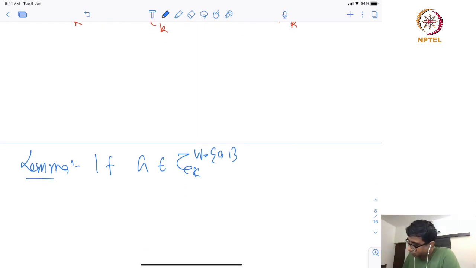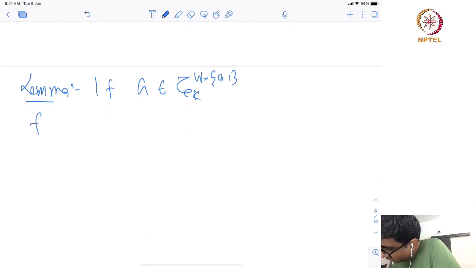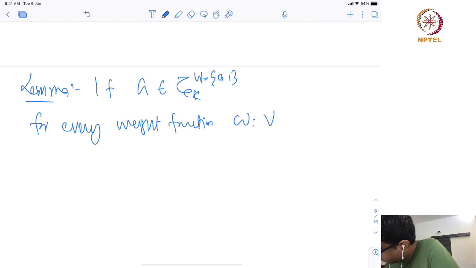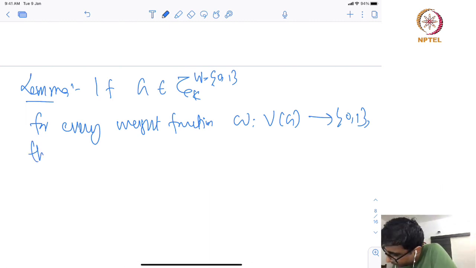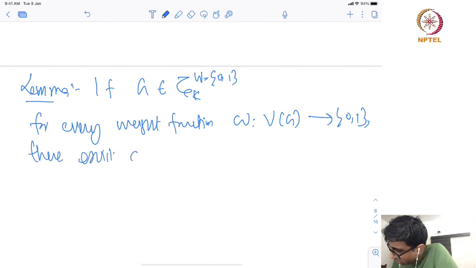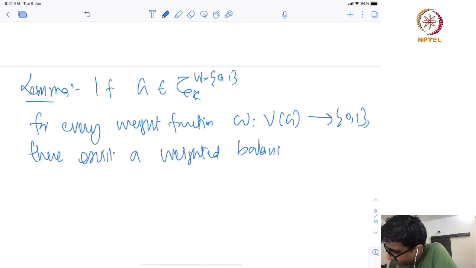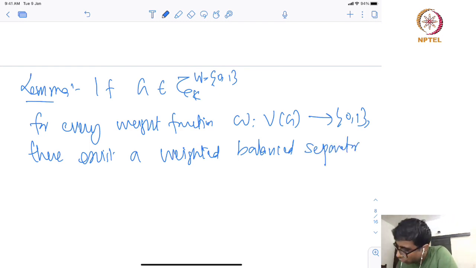It means that for every weight function W from V(G) to 0, 1, there exists a weighted balanced separator of size k plus 1.